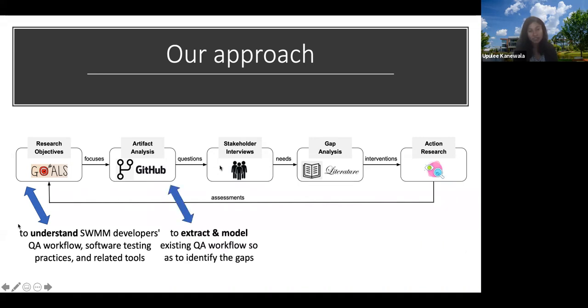In order to do that, we started with artifact analysis, specifically looking at the GitHub repository of SWMM in order to extract a model for the quality assurance workflow that they use. And based on the information that we learned there, we conducted a set of stakeholder interviews to find out what is missing in this domain in order to adapt MT, and also identify any new needs that might arise.